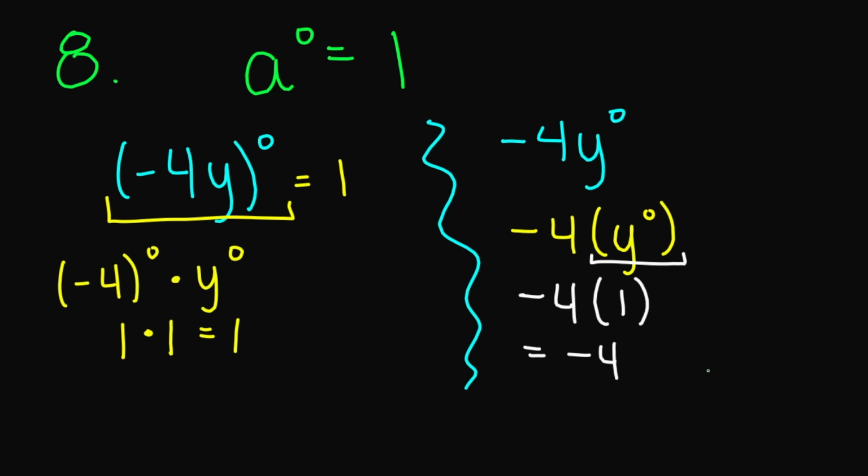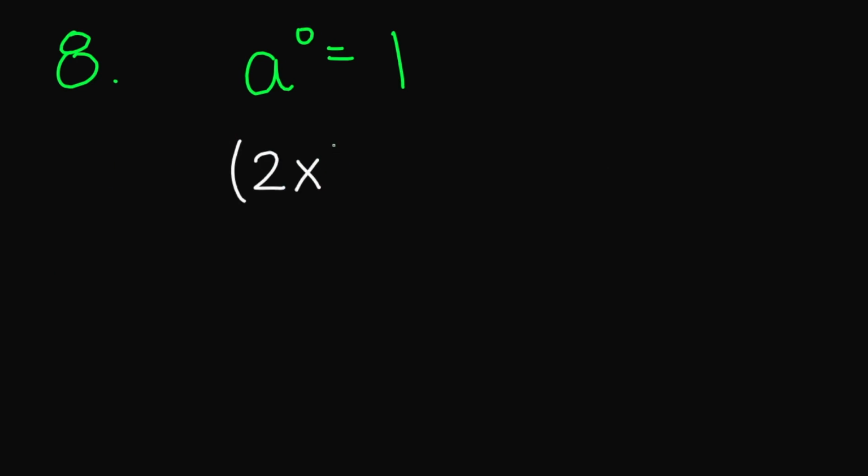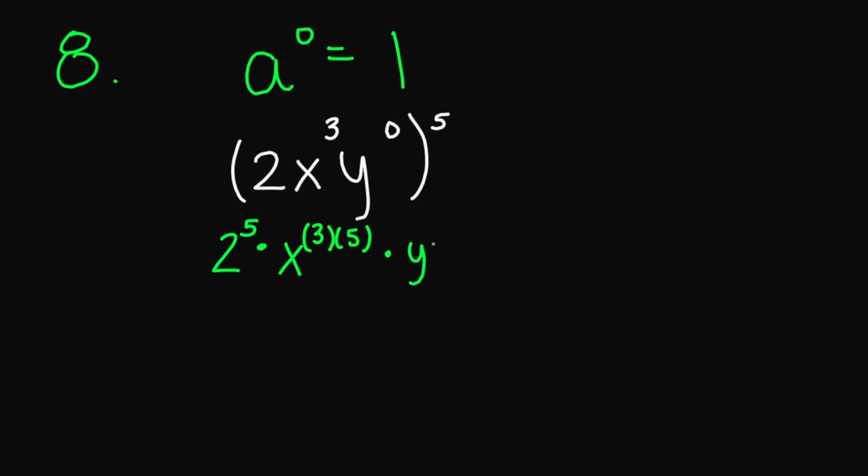2 times x to the third times y to the 0 power, all raised to the power of 5. First, we're going to get 2 to the 5th times x to the 3 times 5 times y to the 0 times 5.